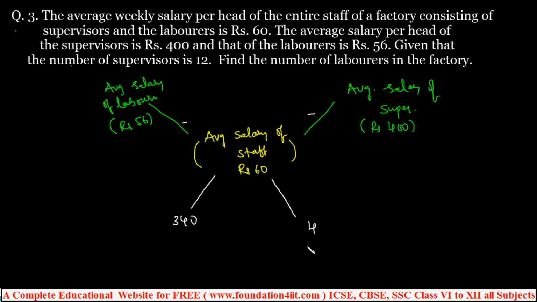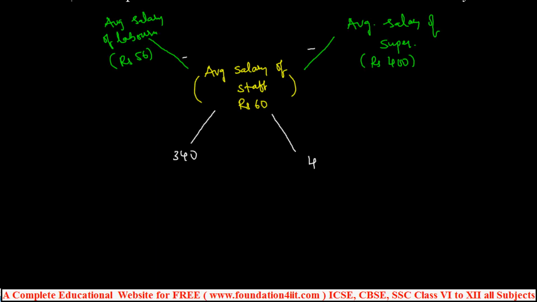So 340 and 4, we take by the alligation rule. So number of laborers is to number of supervisors, that's the important thing. Now we can confirm that.